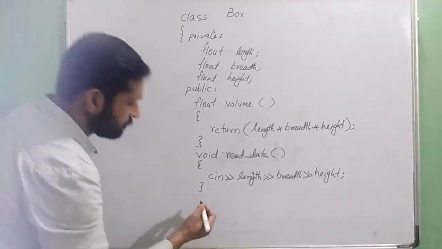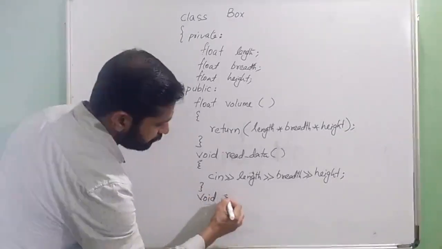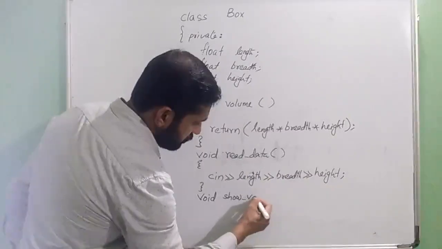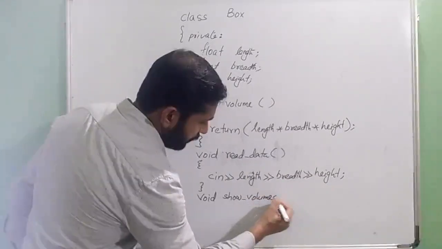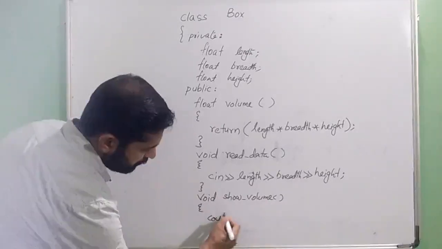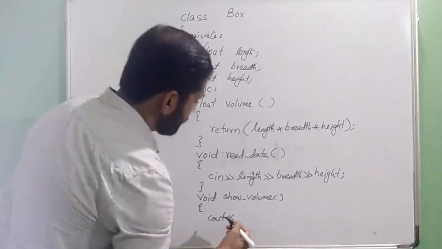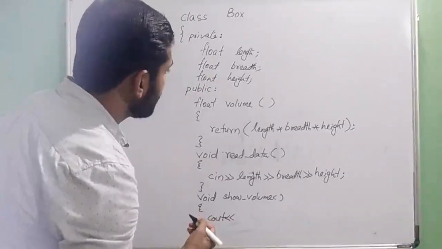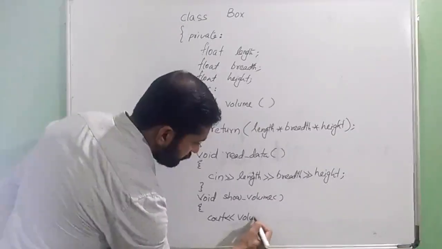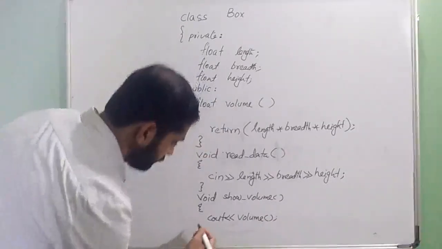Now one more function, void show volume, cout volume.